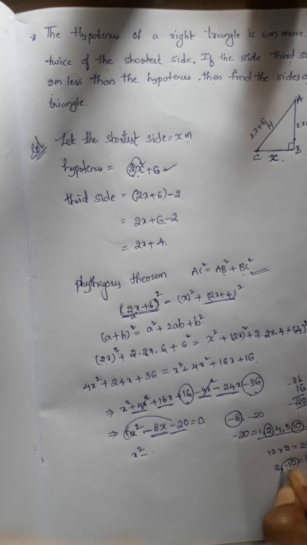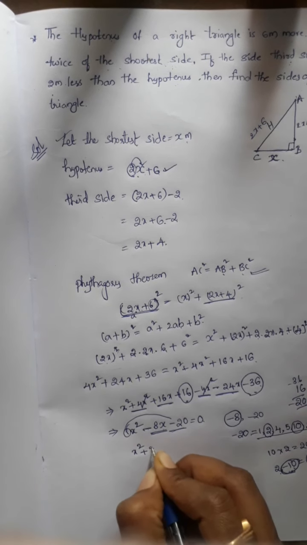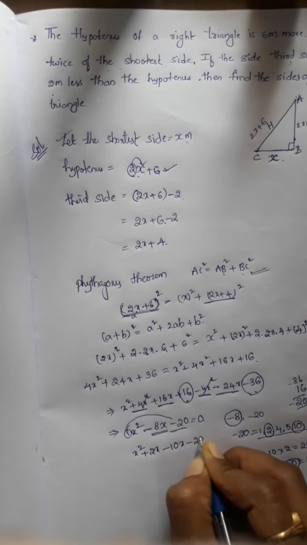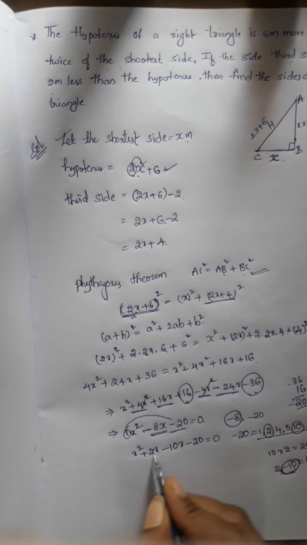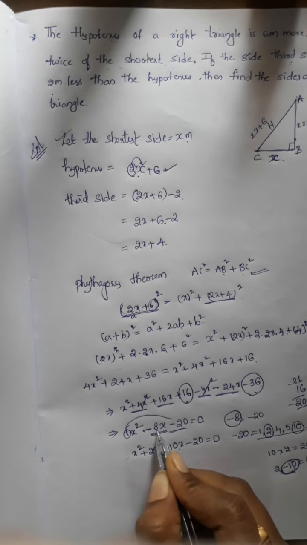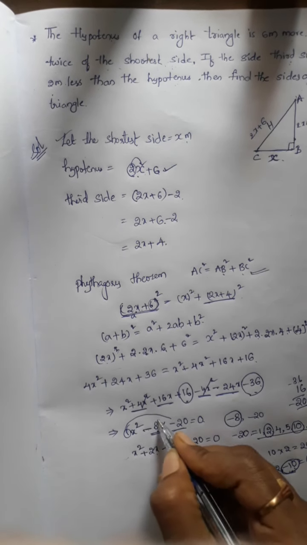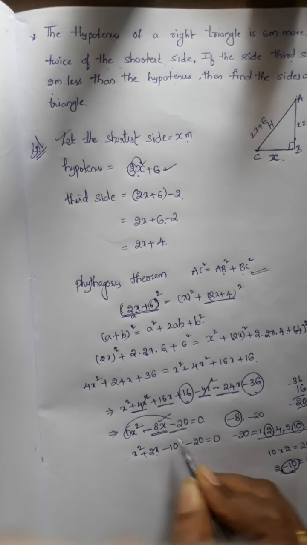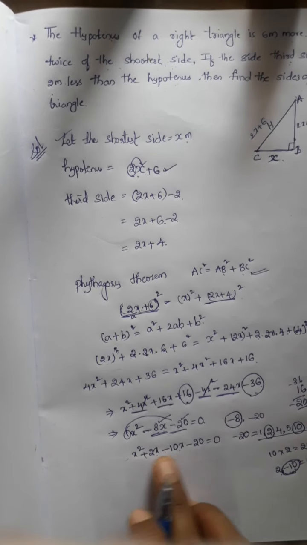So that's why I am taking minus to the 10. Here plus 2x minus 10x minus 20 is equal to 0. If you observe, once we check it, 2x minus 10x gives us minus 8x, right? It is done. 2 tens are 20, plus into minus, minus. It is also done. So this is correct.